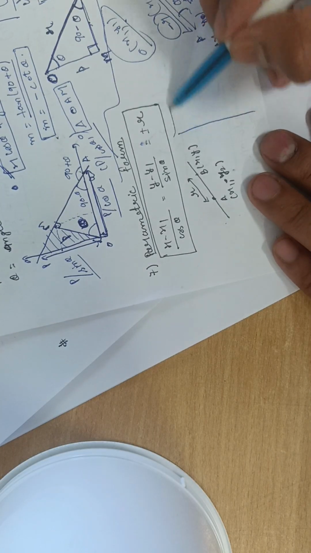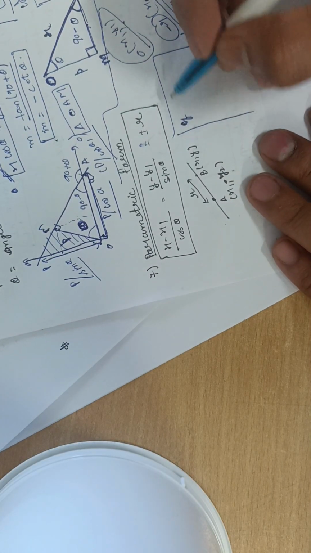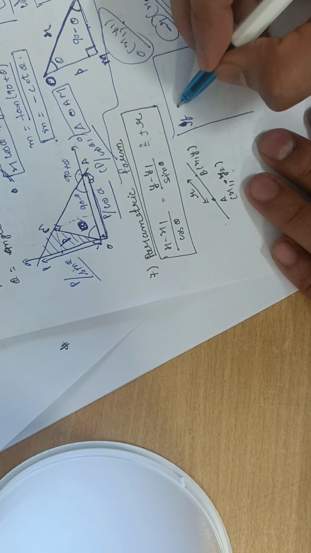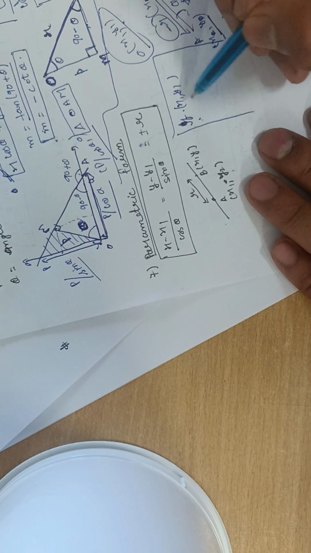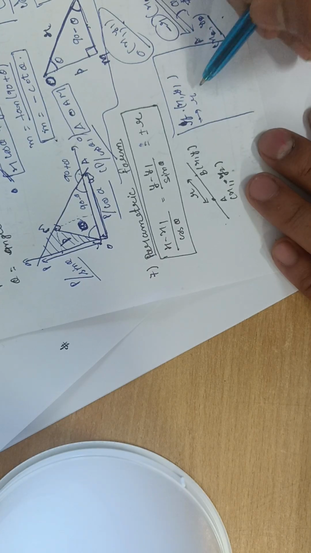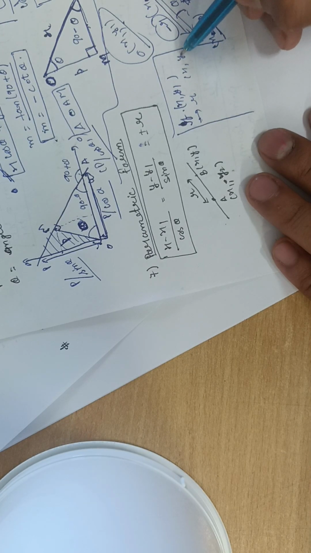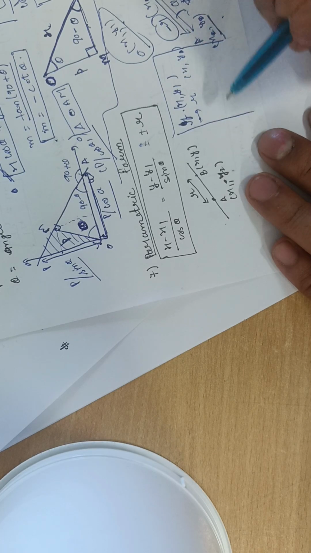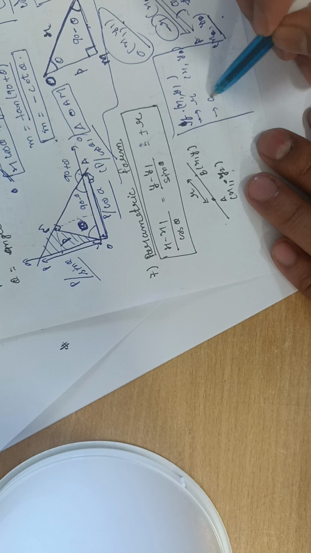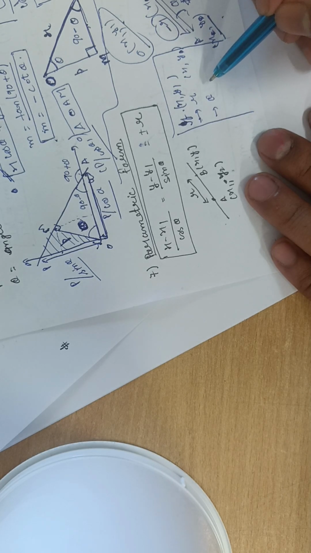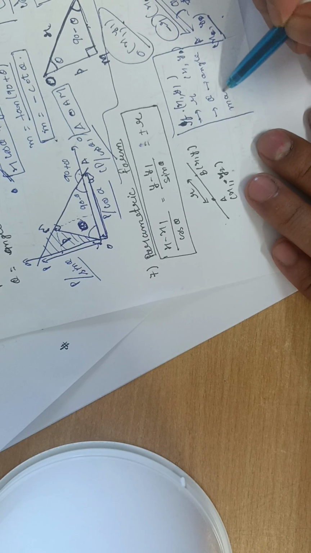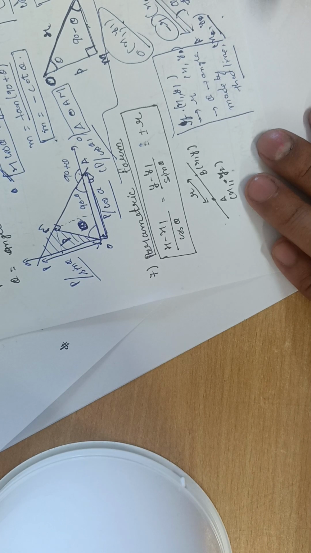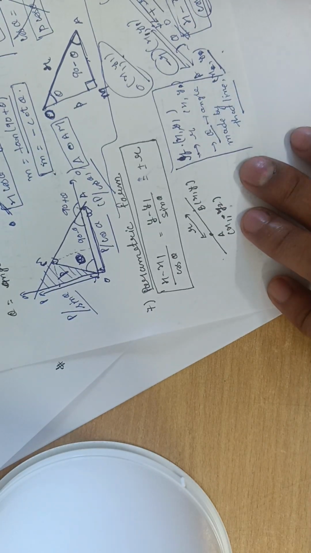I repeat again: if we have some point x1 comma y1 given on the line, and at a particular distance r a variable point x comma y, and we also have theta, which is the angle made by that particular line.